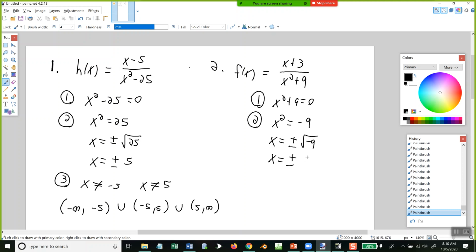Now square root of 9 is 3, and then the negative gives us an i. We saw this back when we covered domain before, is if you end up with an i, you cross that part off, because i's have no meaning in the real world. So our domain will be all real numbers. You could write it out in words like this, or you can write it negative infinity, positive infinity.